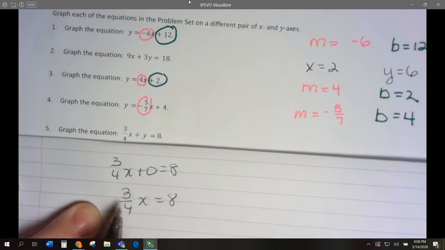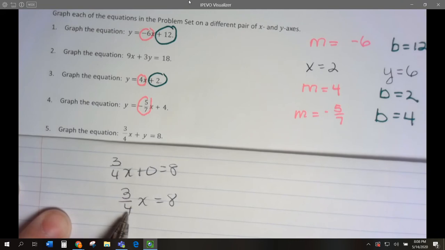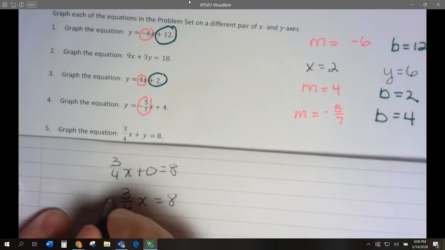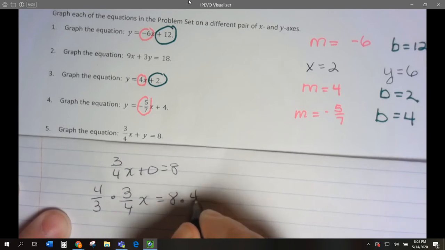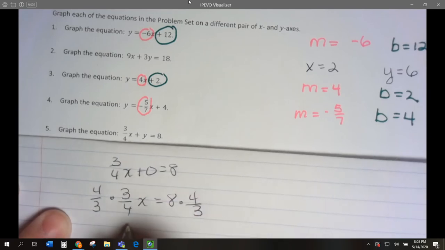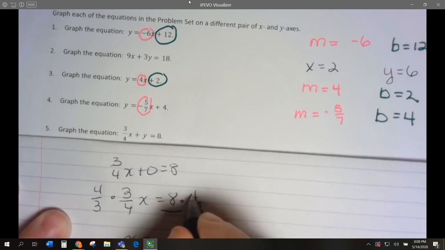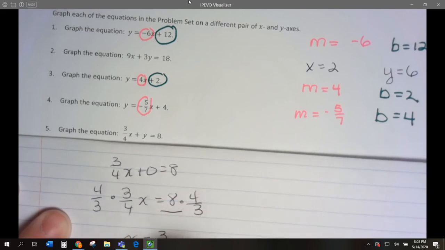So now we have to divide both sides by 3/4. Dividing by a fraction means you multiply by the reciprocal. And we're going to get x equals 8 times 4 is 32 divided by 3, which is going to be 10 2/3.